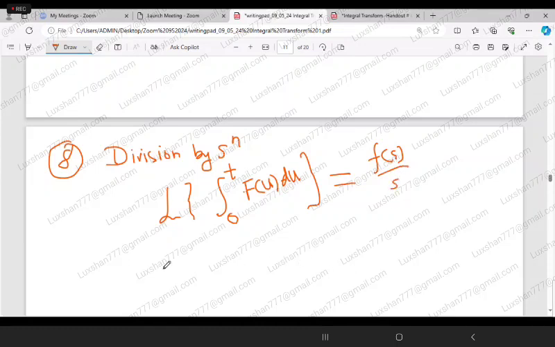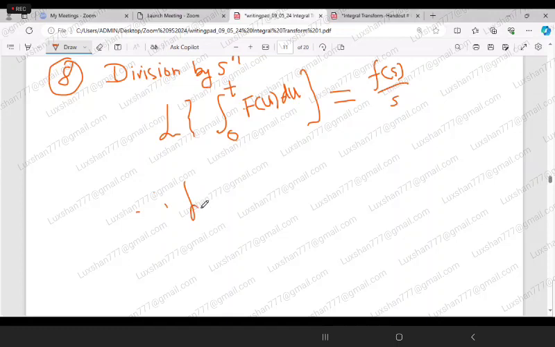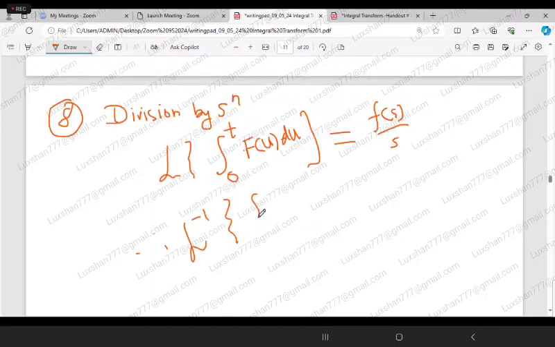Therefore, you can say that the inverse Laplace transform of F(s) by s is equal to the integral from 0 to t of f(u) du.